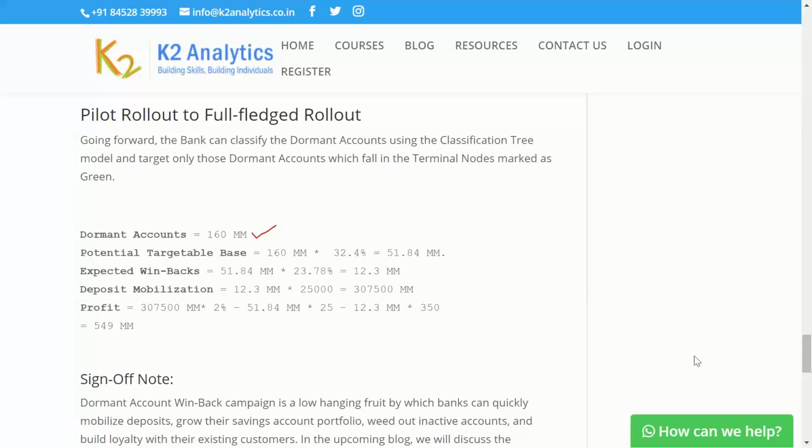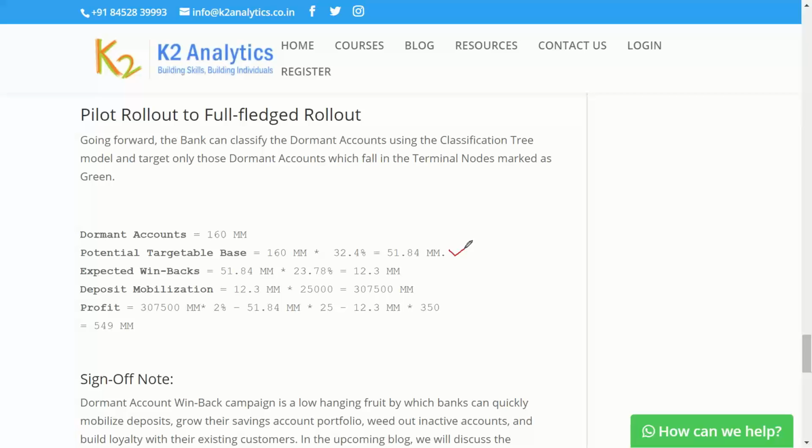From the above analysis, we saw that we should be reaching out to only 32% of the dormant base. What it means is, from this entire base of 160 million, which is dormant in my book today, I should reach out only to 32%, that is 160 million into 32.4%, that is 51.84 million customers.